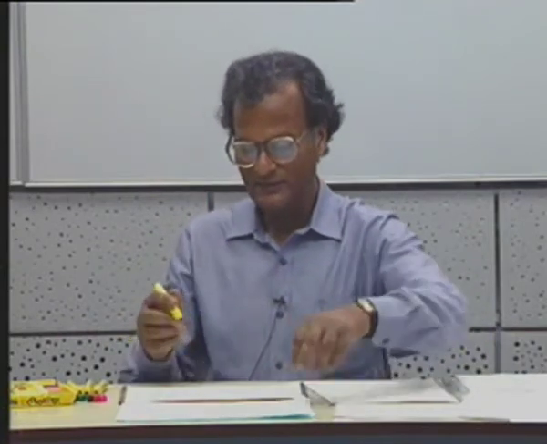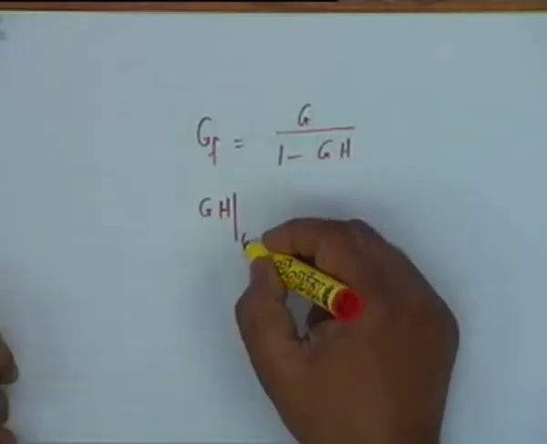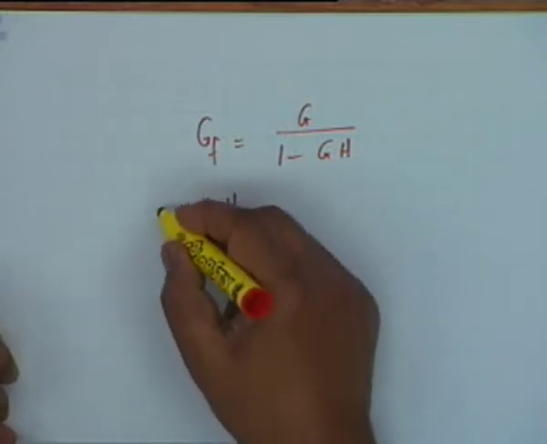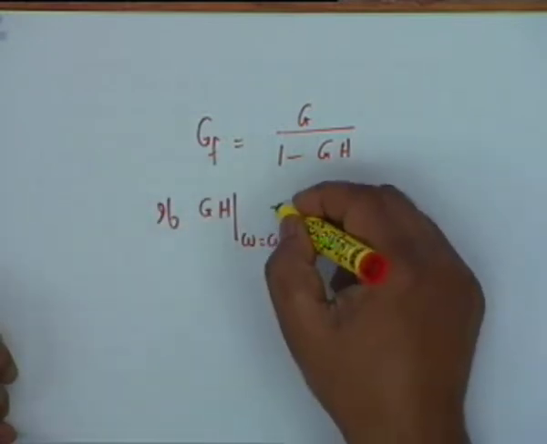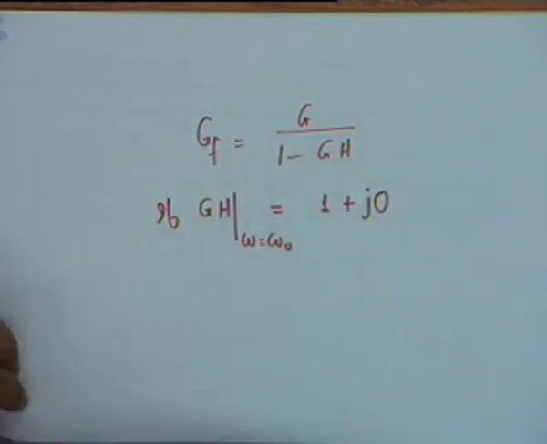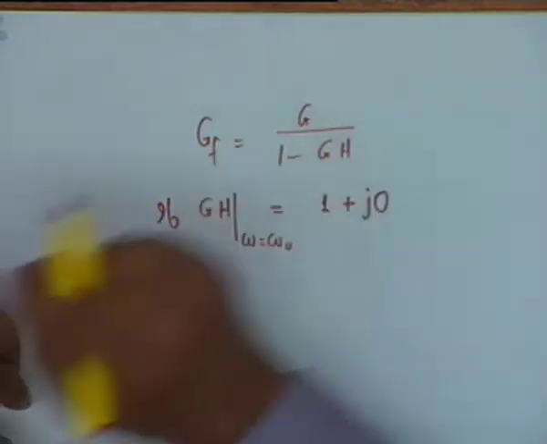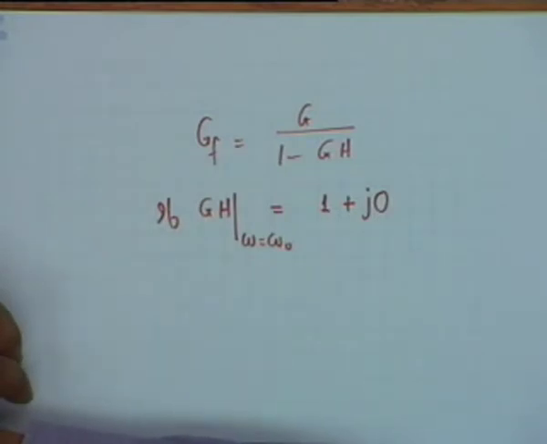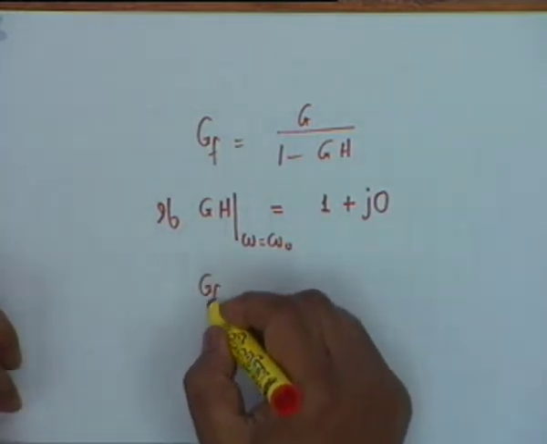In either case, if at some frequency, let us say omega equal to omega 0, GH is equal to 1 plus j0, that is, if GH has a magnitude of 1 and an angle of 0 at some frequency, what do you think shall happen to Gf?